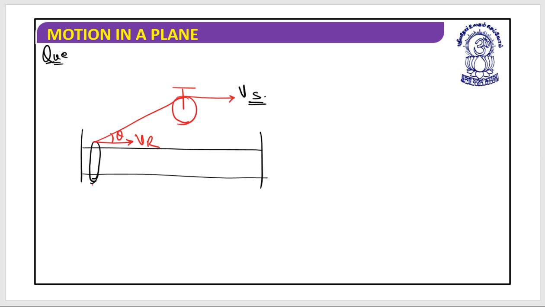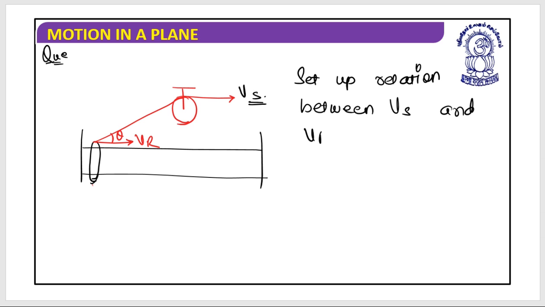Let's say that this is the speed of the string, this is Vs. Now what they want is to set up a relation between Vs and Vr. So I can assume this is Vr.